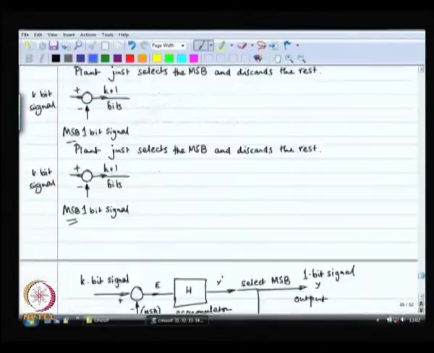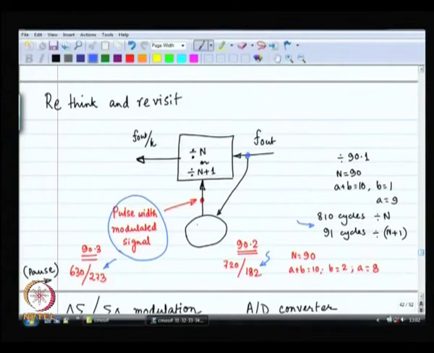What was the spectrum of the control signal when we were doing pulse width modulation? When we were doing pulse width modulation, you picked 901 cycles. Out of 901 cycles, the first 810 you were going to divide by n, so it is 0.